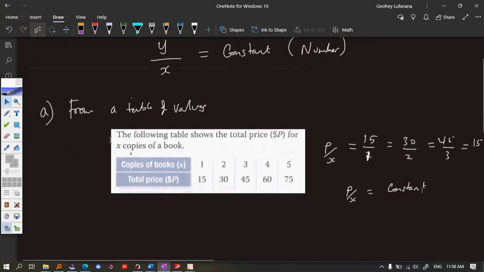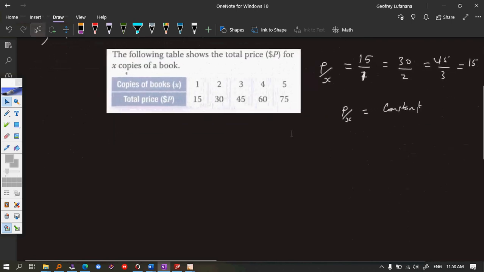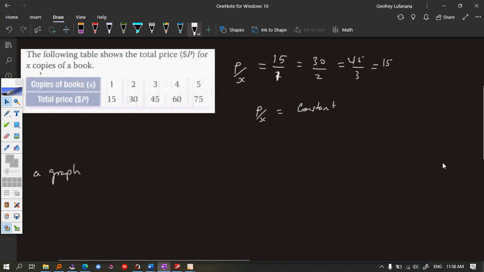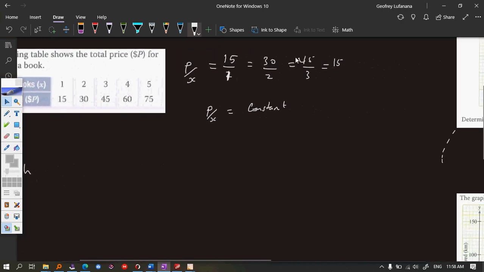Now, what if I have a graph? We are going to try and understand this from a graph. Remember that the condition for proportionality should still stand, but this time we are interpreting it from a graph.